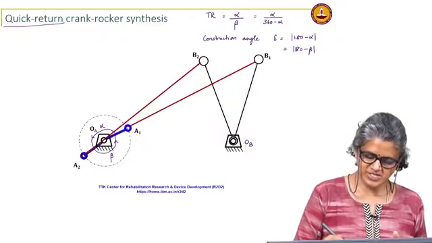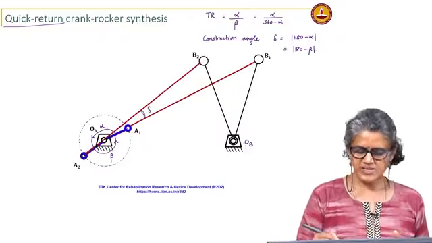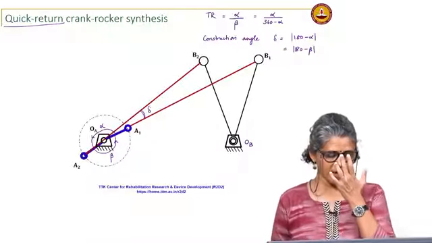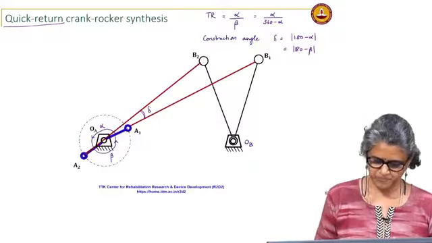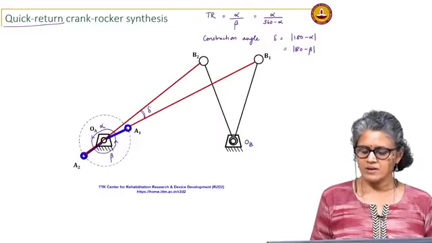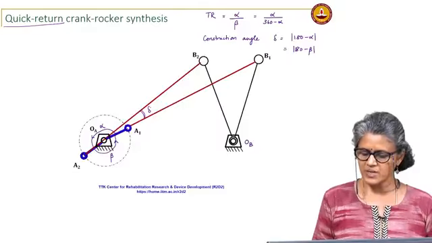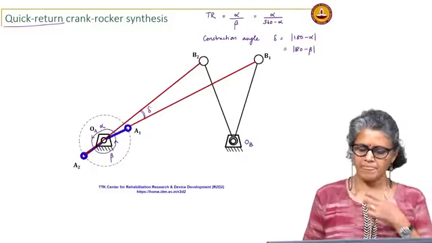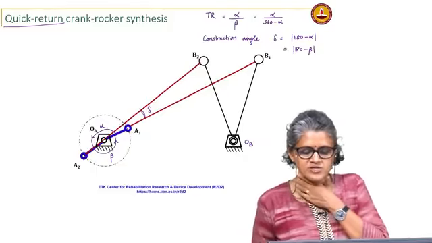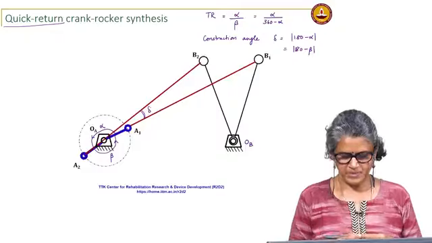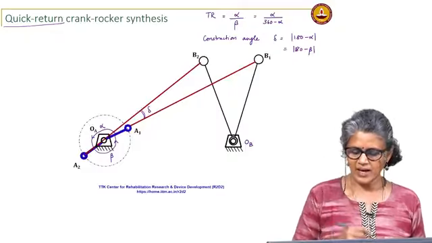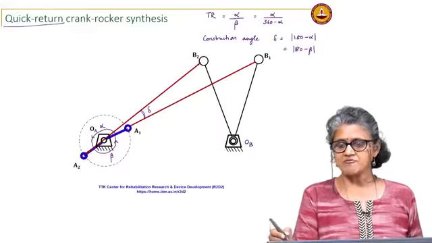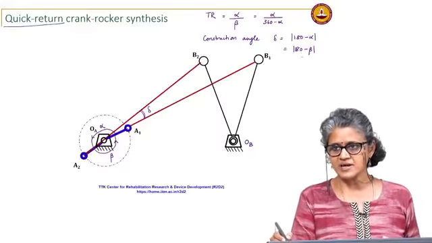So, it is essentially this angle, that is a construction angle that I am going to use for the construction of this quick return mechanism. So, if I know the time ratio, I can find the construction angle.